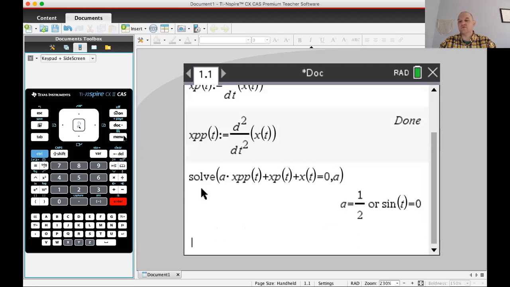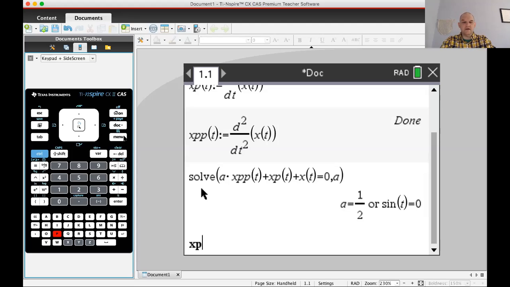I get a equals 1/2 or sine of t equals 0, which is another thing that we knew, but we just disregarded. If sine of t equals 0, it doesn't matter what a is equal to because you'll get 0 anyway. But we need to solve for a, and we got a is equal to 1/2.